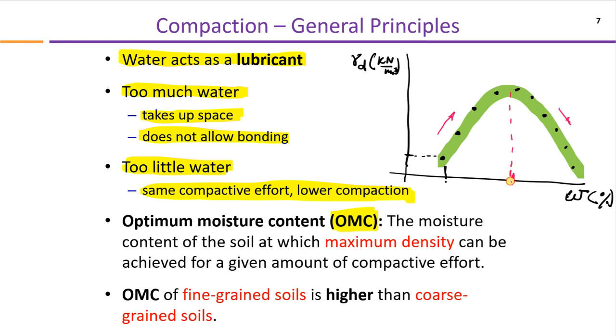This is the water content where the density is maximum, and this is called optimum water content, OPT, and the corresponding density is the maximum dry unit weight. So what is optimum water content? It is the moisture content at which we get the maximum density, maximum unit weight.